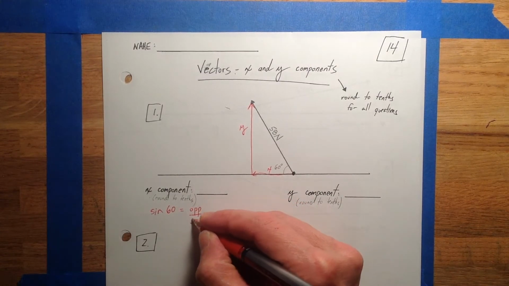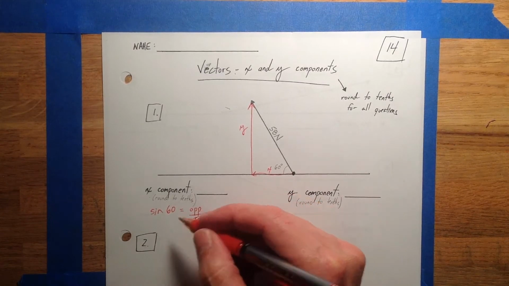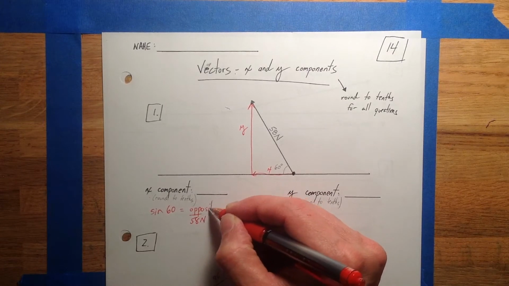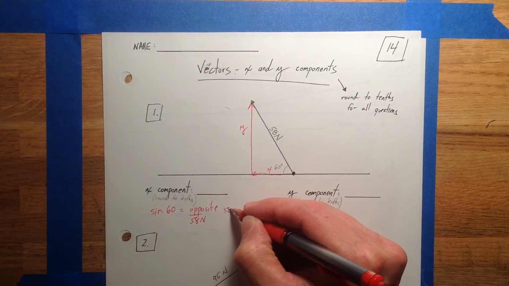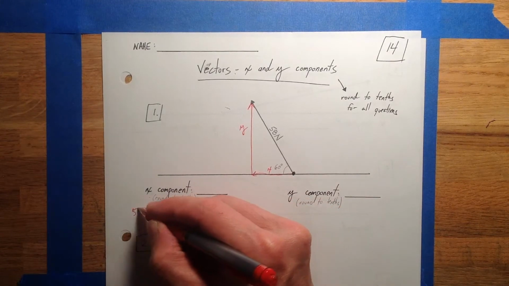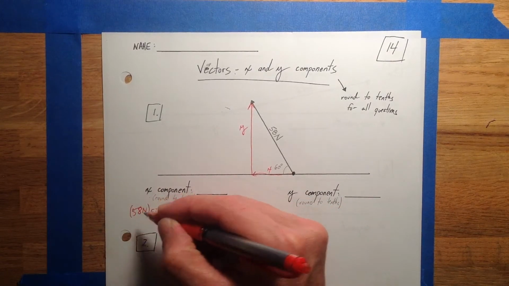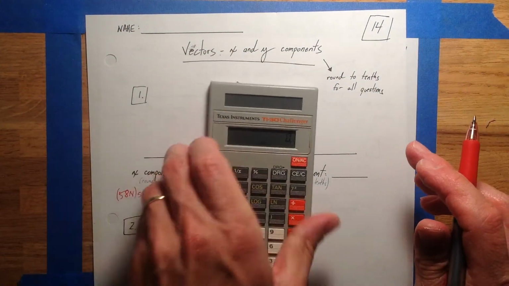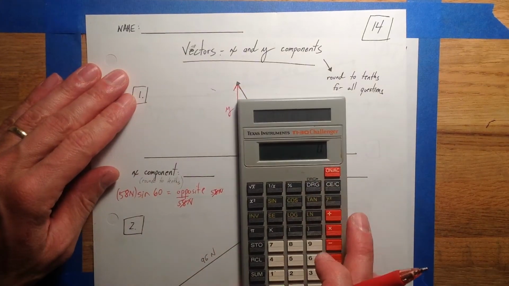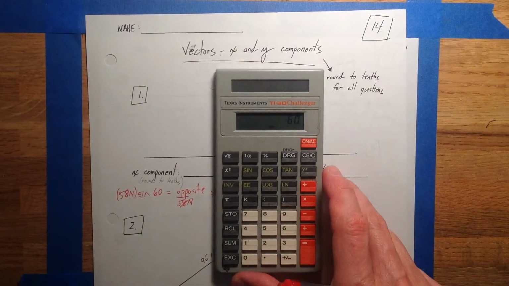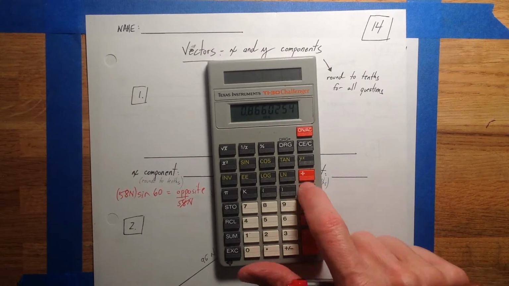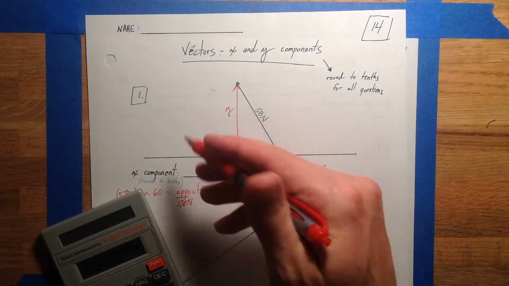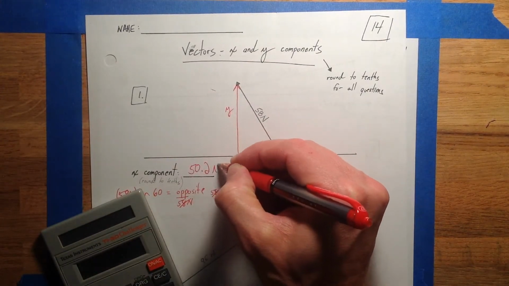To get the opposite side by itself, you multiply both sides by 58 newtons, they cancel out. Now, this calculator I have is a bit older, so I have to do it this way: 60, sine gives me the number, I multiply that by 58, and I get, rounded, 50.2. So it's 50.2 newtons.